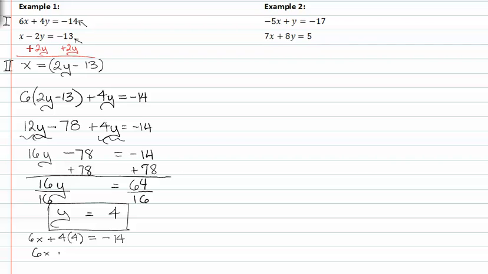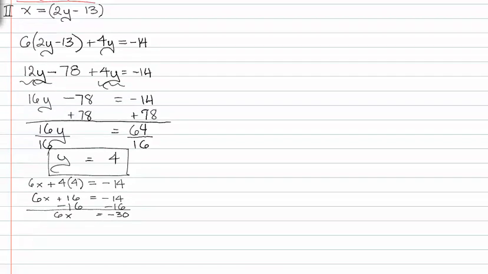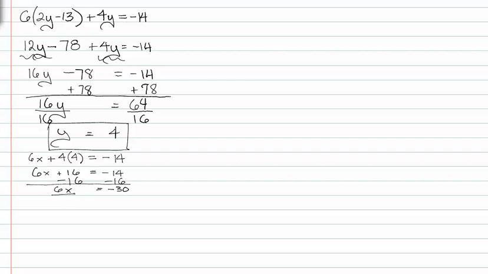So 6x plus 16 is equal to negative 14. Subtracting 16 from both sides, we get 6x is equal to negative 30. From here, dividing by 6 on both sides gives us x is equal to negative 5.